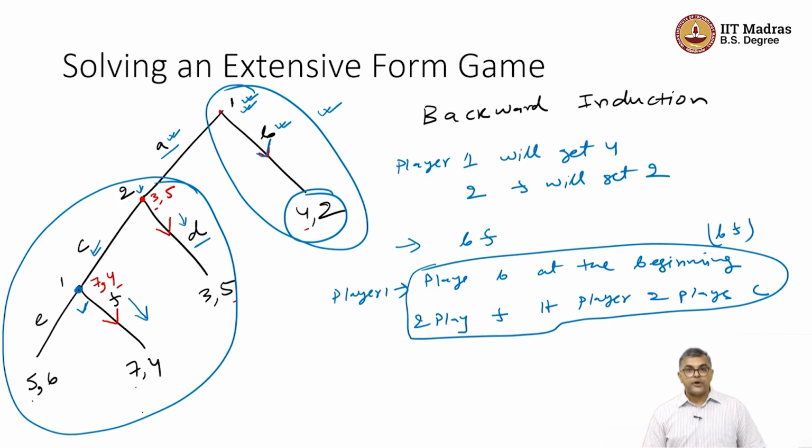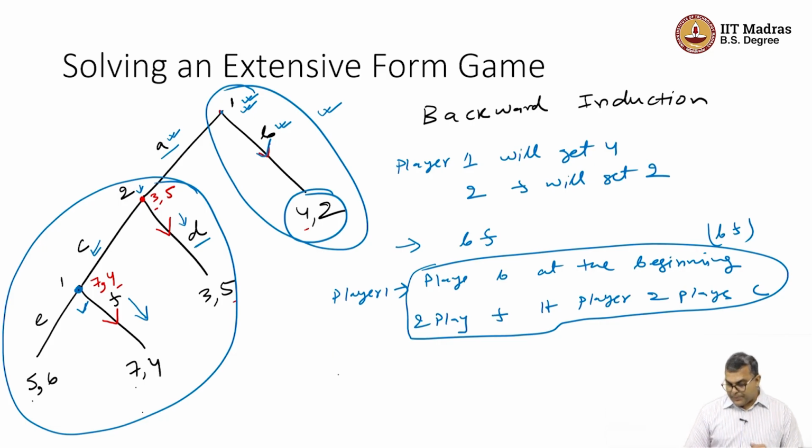And therefore, we cannot simply say that player 1's strategy here is either... Some students tell me, I can understand that we are talking about a strategy called AE, because if player 1 plays A and then there is a chance that player 1 will have to play again, and in that case he plays E, or AF, because there is another chance that player 1 will have to play.